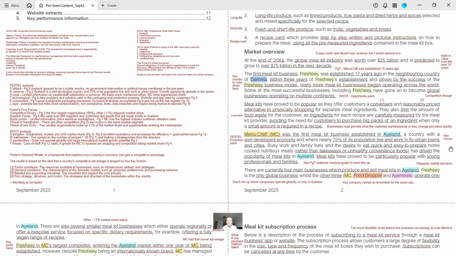We've then got that meal kits have proved to be popular as they offer customers a convenient and reasonably priced alternative to physically shopping. It limits the amount of food waste, the ingredients are already carefully measured, and that avoids customers having to purchase big packs of ingredients, you just get the small amounts required for the recipe. It shows you how to do it on the recipe card, and then you just get on and do it, really.